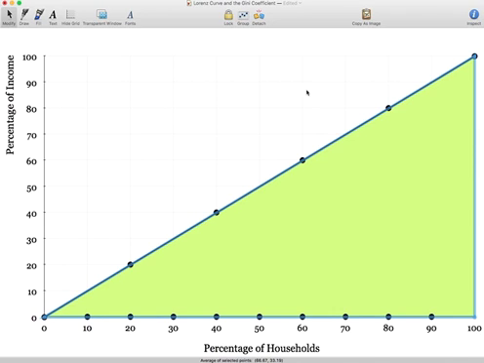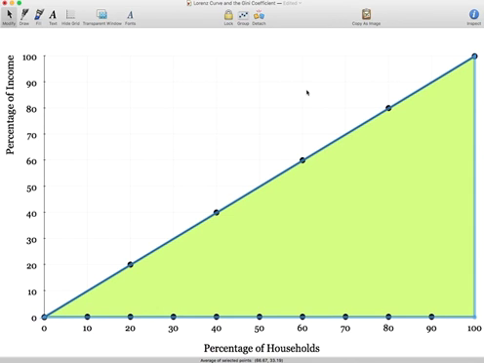So make sure you remember that if you have a Gini coefficient that is equal to 0, that means that we have perfect income equality. And also realize that if you start seeing the Gini coefficient moving closer to 1, that means we're moving towards a more unequal distribution of income.